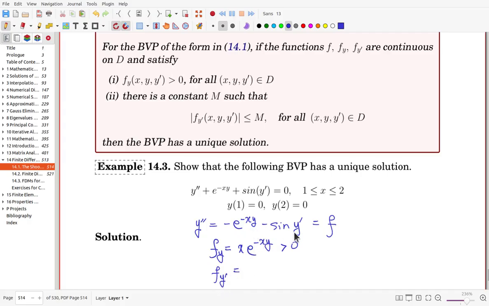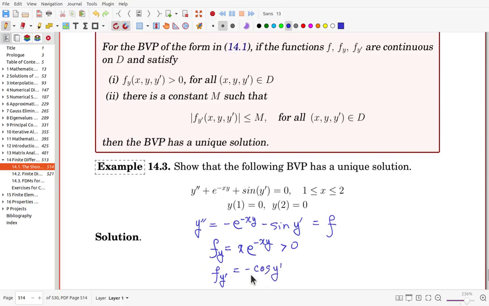f sub y' derivative. Okay, y' is here, and this will be 0, and minus sine y, derivative must be cosine, right? Derivative of sine is cosine, and y'.